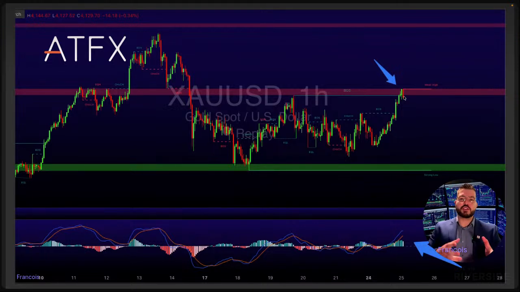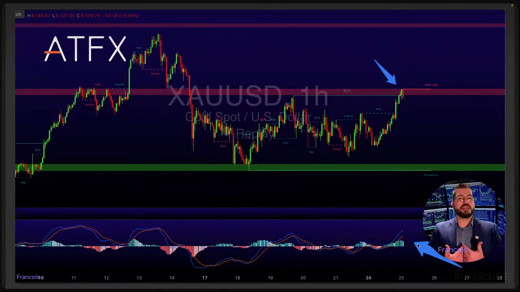Now then when you look at your MACD, it's strongly aligned with the continuation of this trend. Your histogram is bright green. Your MACD line is above the signal line. Everything's pointing up. So in essence, what should you do here?